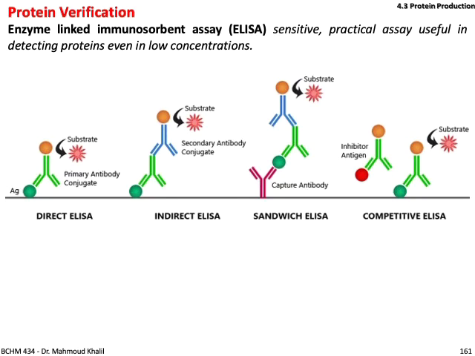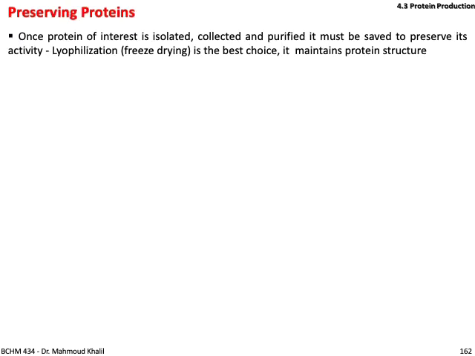That means you have the antigen or the protein of interest coated on the substrate, and then you incubate with 2 different antibodies. One is specific to your protein and the other is not, and it only will give a signal when the right antibody binds to your protein of interest. So in all these 4 cases, a resultant signal is indicative of the presence of your protein of interest.